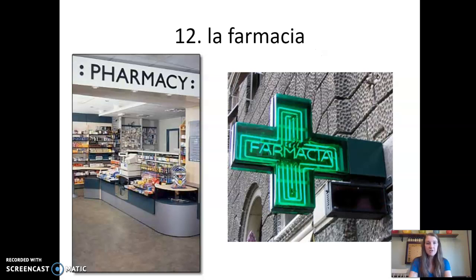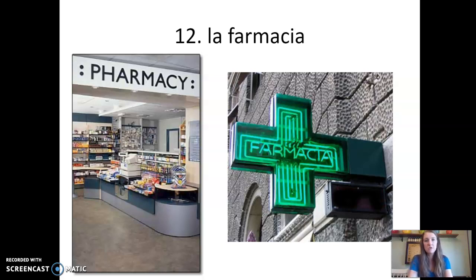Something that's different about pharmacies and doctors in Europe from the United States is that usually in Europe, you go to the pharmacy first, and a pharmacist can actually prescribe more medicines. Pharmacists can't prescribe any medicines here, right?